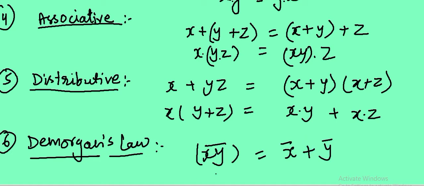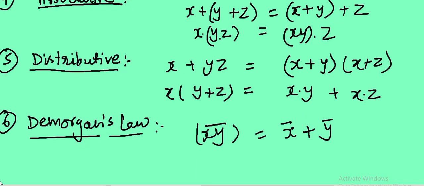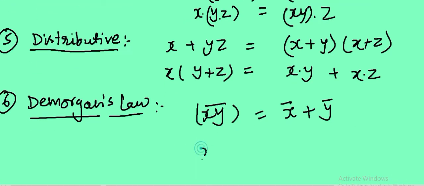The second case is if I take the complement of x plus y, it will be x complement dot y complement, and the plus changes to the dot, or you can say the OR changes to the AND.